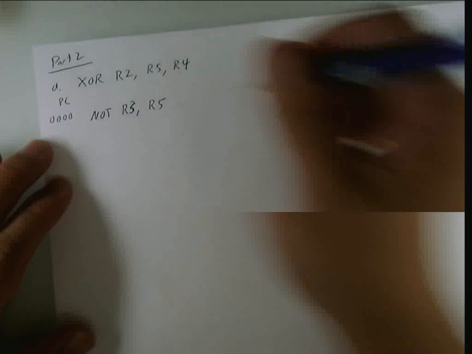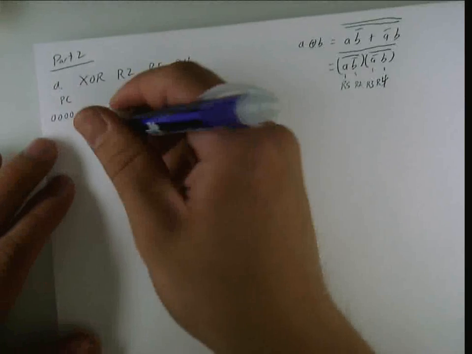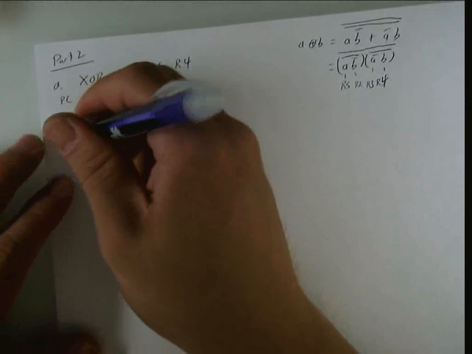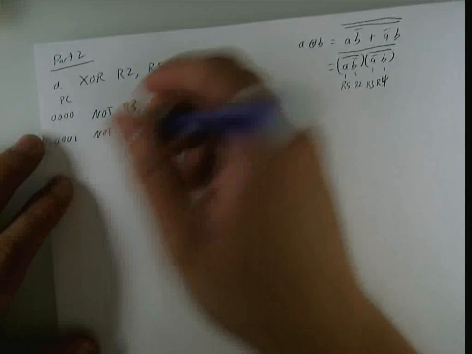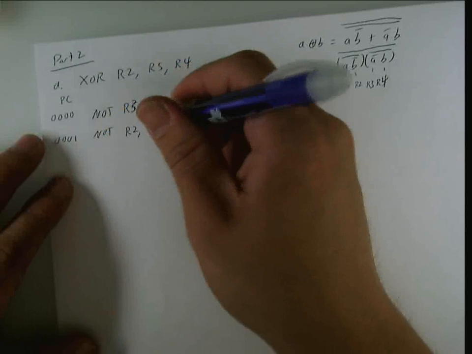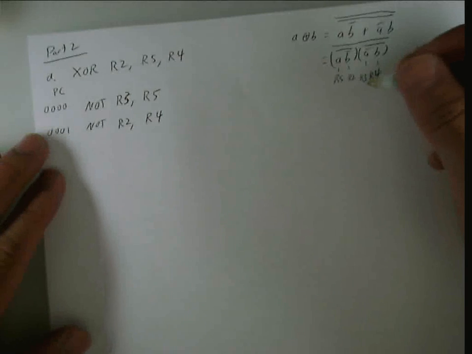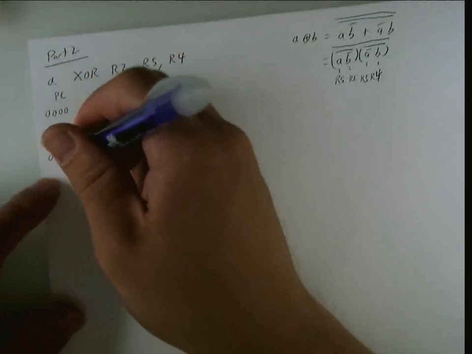And then this is program counter 001, I'm going to store R2 with the NOT of R4. And then I'm going to move my next program counter up.